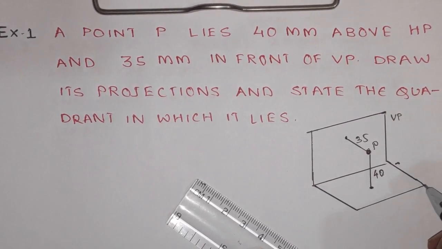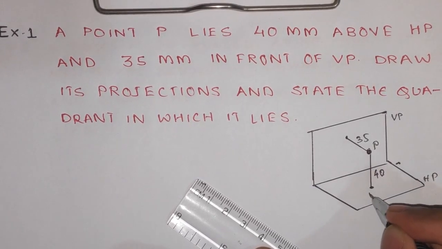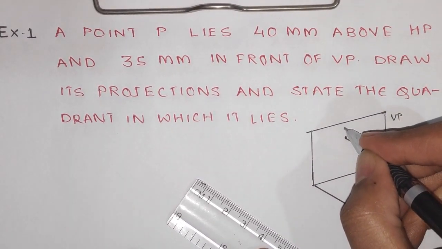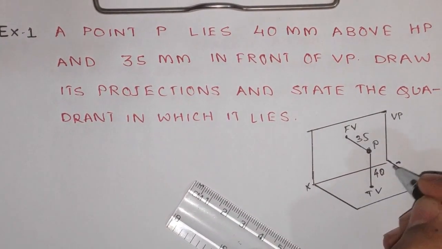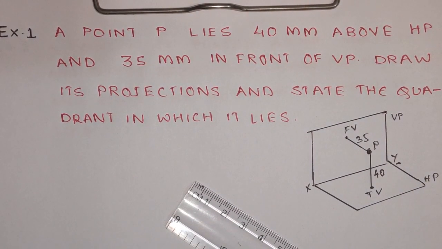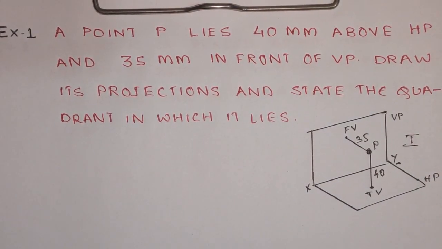This is your VP, this is the HP. As we have discussed in the previous class, on HP we have the top view and on VP we have the front view. This we will be representing onto a 2D plane. With the given data we can clearly say that this point lies in the first quadrant.